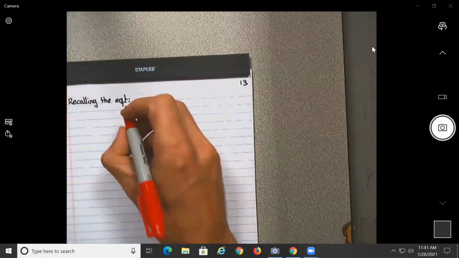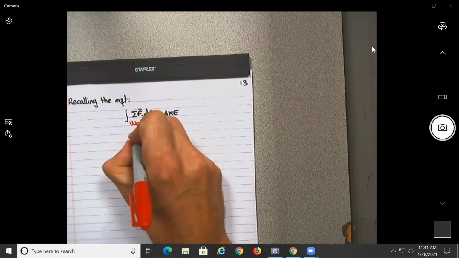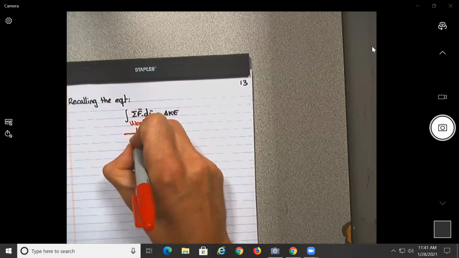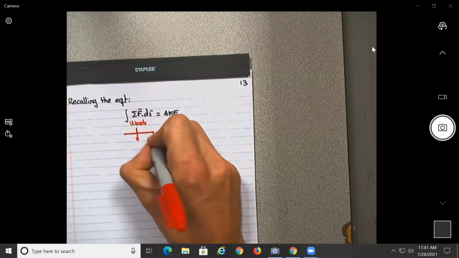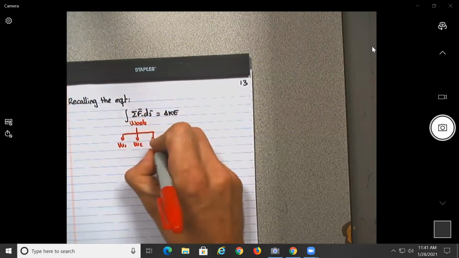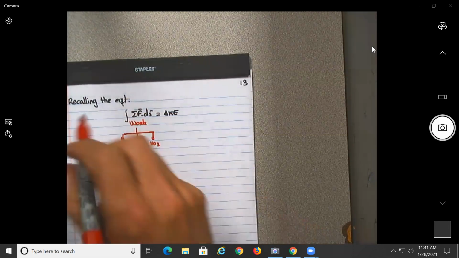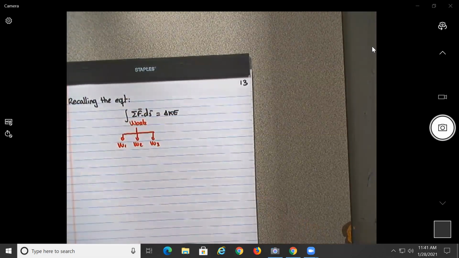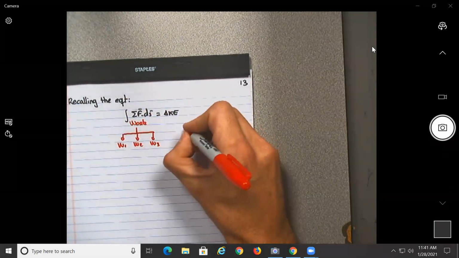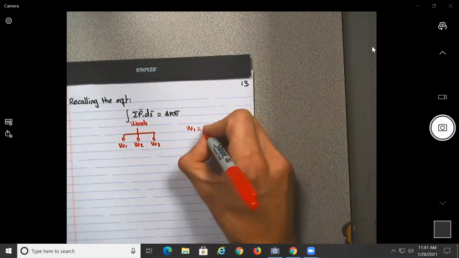And we said that this term over here, which is work, had three terms. Where here we say that work of 1 is the one we just derived, was equal to what?